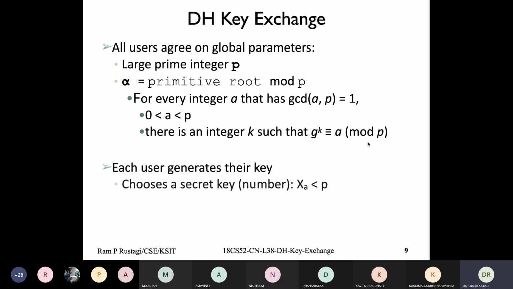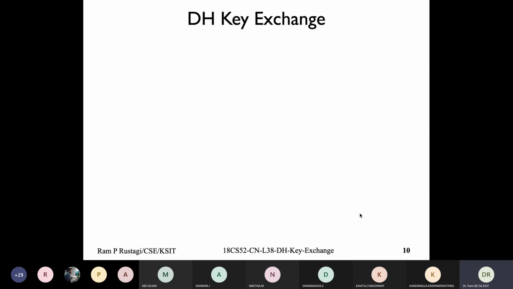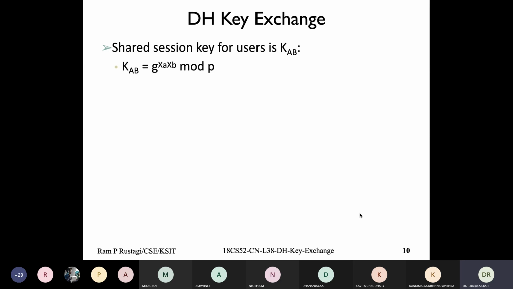So each user then picks their own number XA less than P. User B picks a number XB less than P, and user A computes YA equal to alpha to the XA. User B computes alpha to the XB, and you have a shared session key, which is, sorry, this should be alpha.